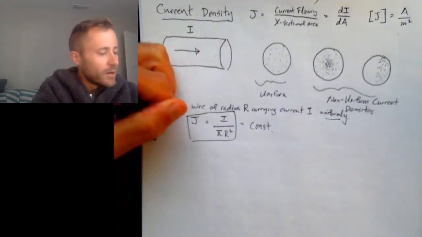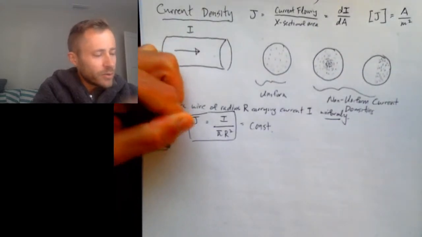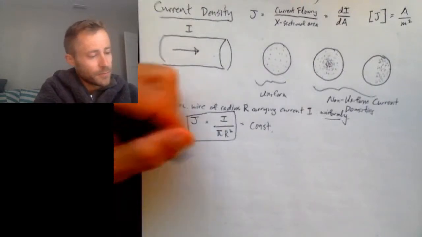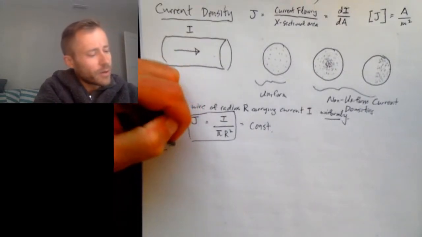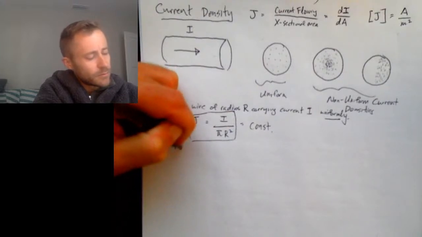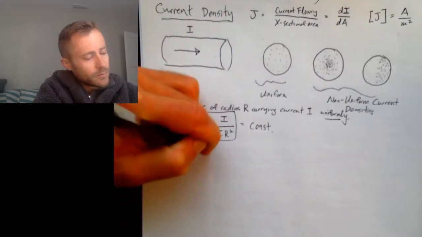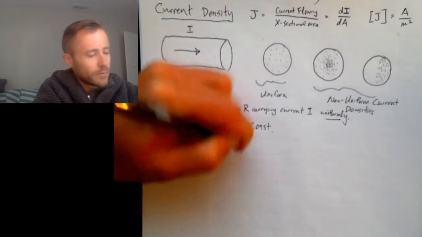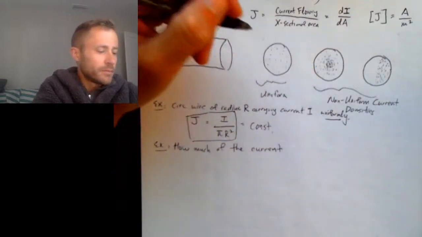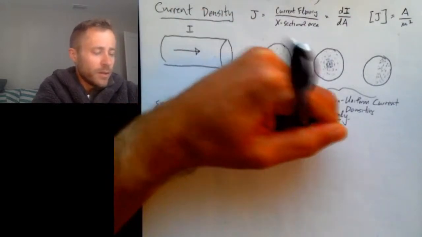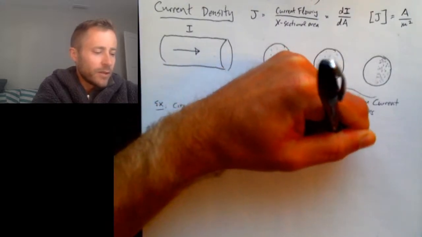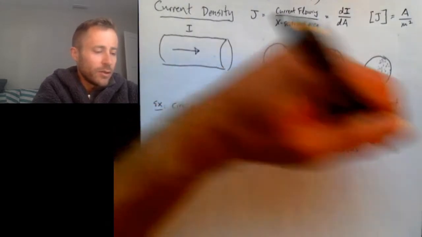Then what if I ask the question, how much of the current is within a radius little r?